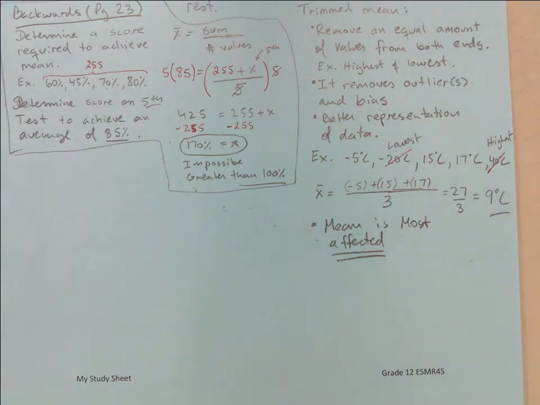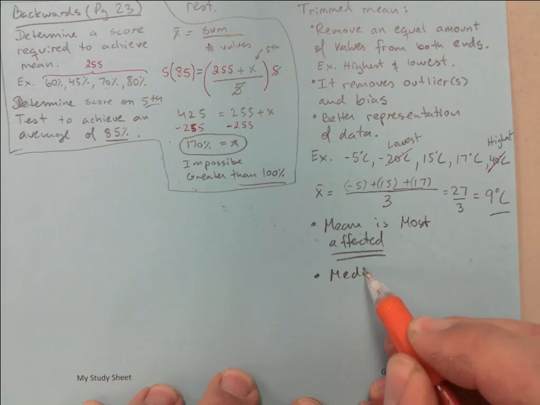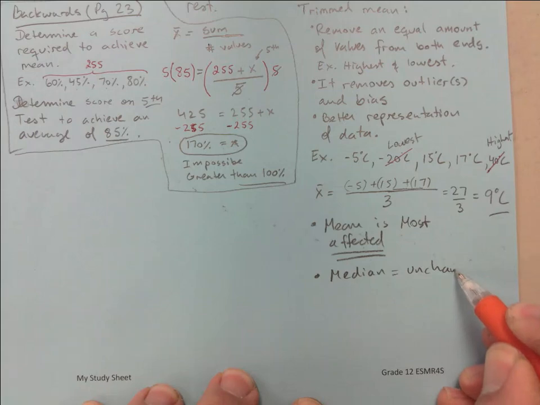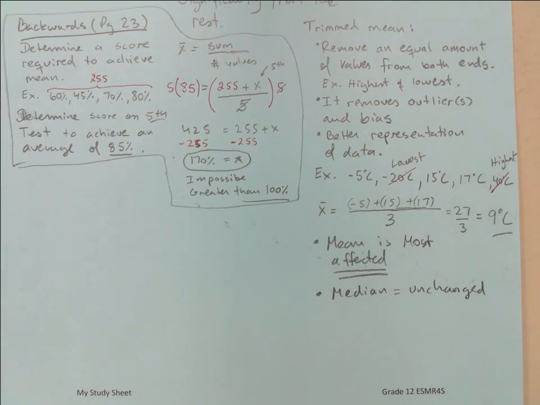Okay? You'll see the biggest difference in that. Median is unchanged. You should have those concepts because they don't always just ask you to do the math, they often ask you, do you understand? Okay? They find ways to get you to understand.